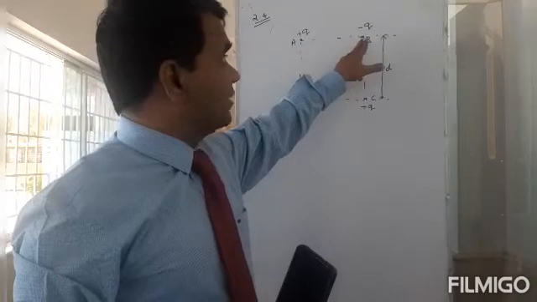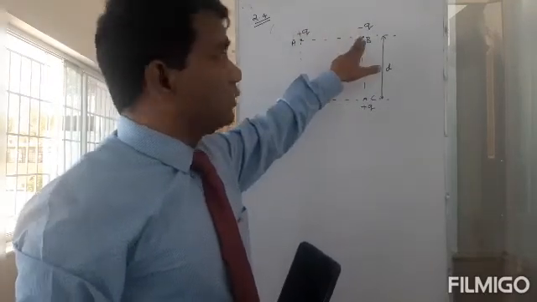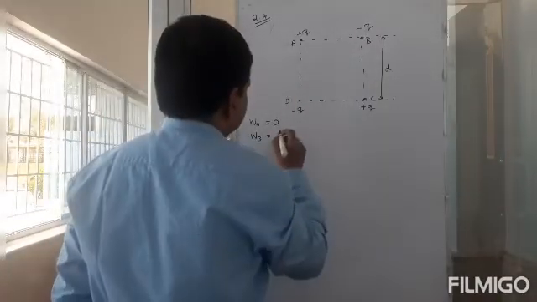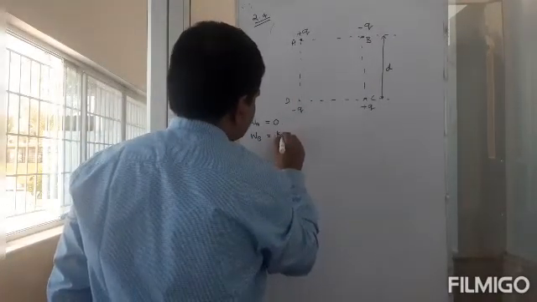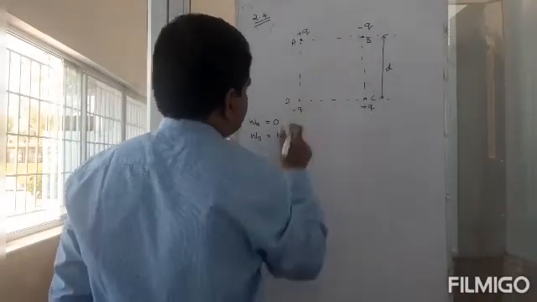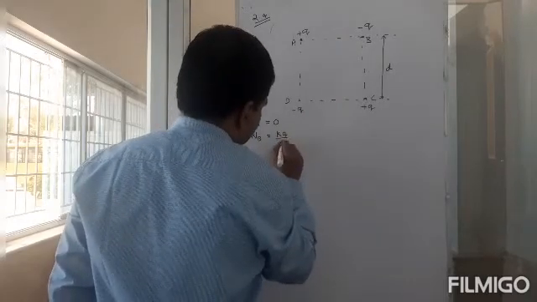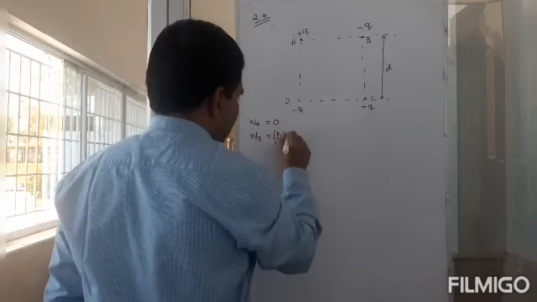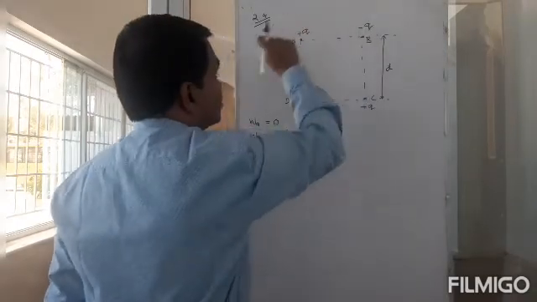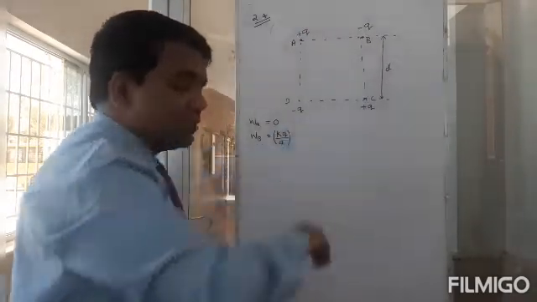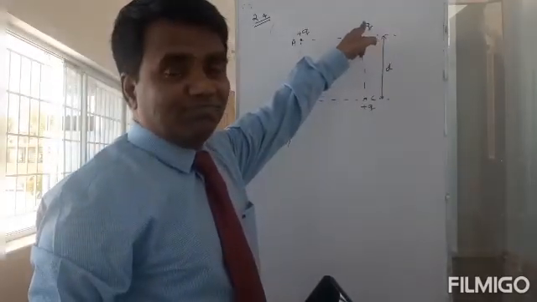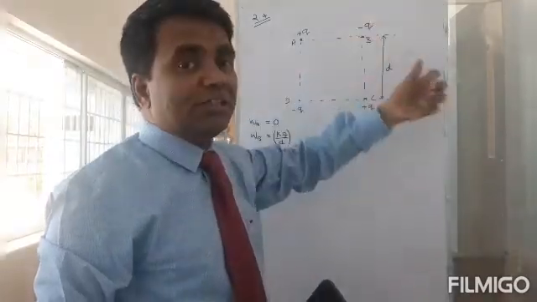So there is a potential here due to Q. The potential is actually K Q by D, that's the distance. So that's the potential at this point B due to A. And you need to multiply that with minus Q now. So you need to do negative work.